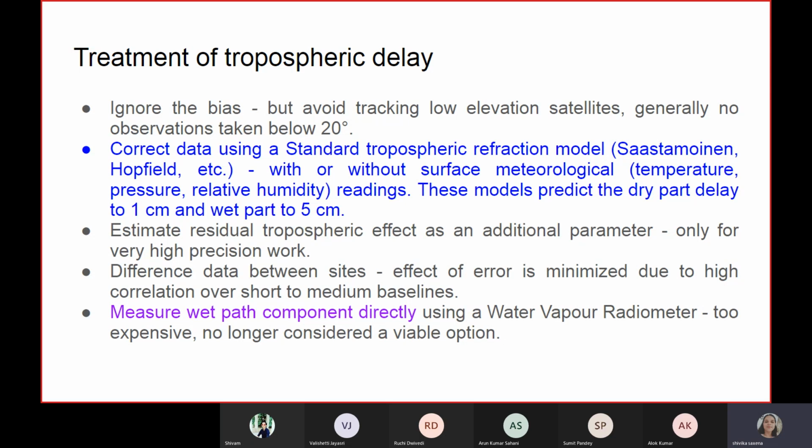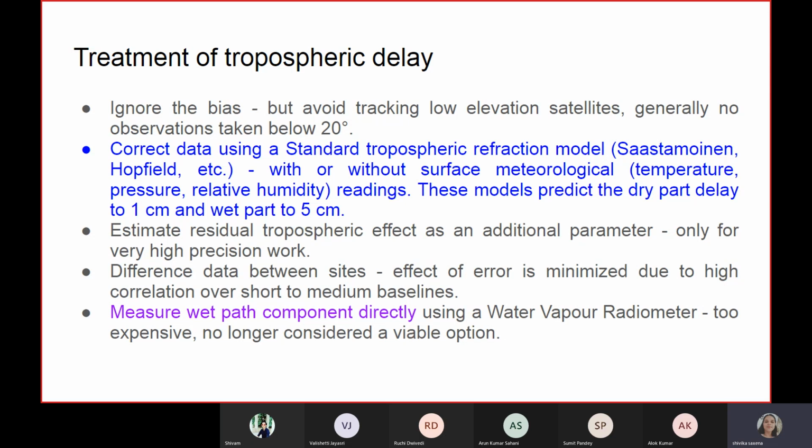Another popular way is to directly measure the wet part of the component, directly. This can be done either using a water vapor radiometer or other instruments like satellite instruments, or some instruments like a sun photometer, etc. We can directly measure the PWV.